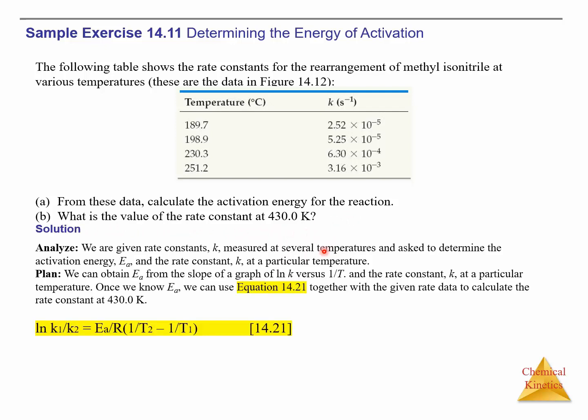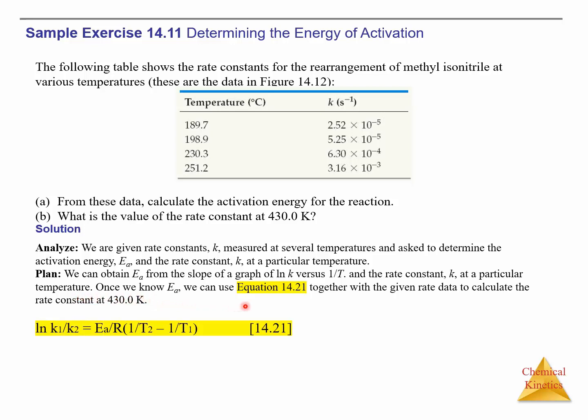So here we can obtain activation energy from the slope of the graph of ln k versus 1 over T. So we must also convert these into absolute temperature and then take ln k also and make a plot, and from the slope of the graph of ln k versus 1 over T and the rate constant k at a particular temperature.